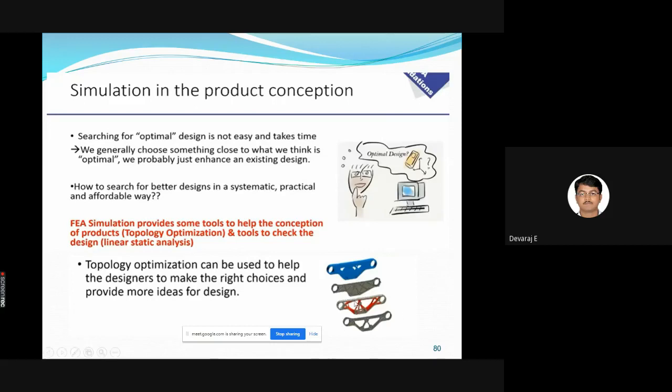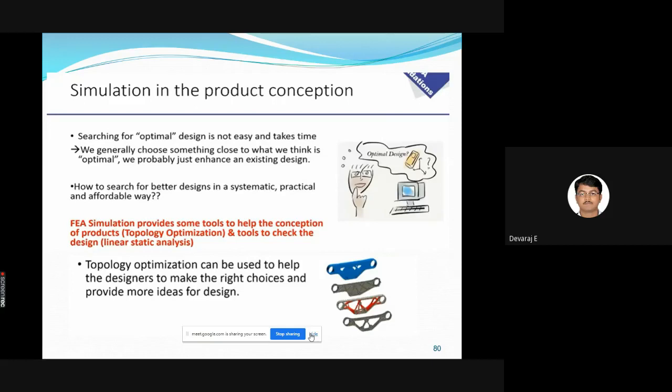So this will be done in HyperMesh. Only in HyperMesh you have what is called topology optimization. They said there will be a team in the MNC companies whose job is only to do the stress analysis, and after that they will do this topology optimization. Why they do topology optimization means to remove the excess material in the product.